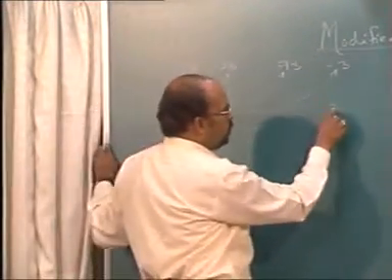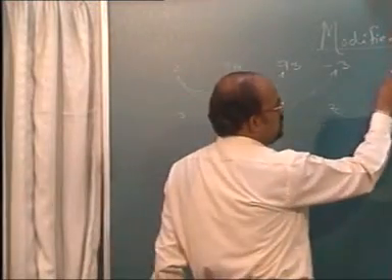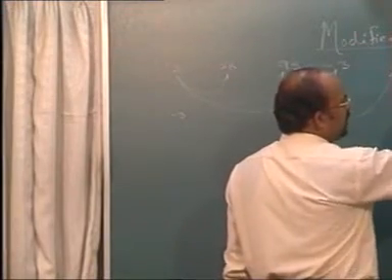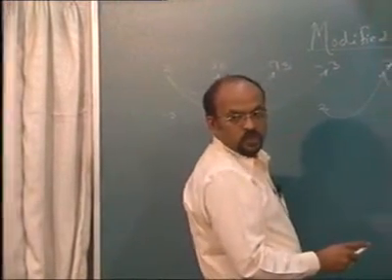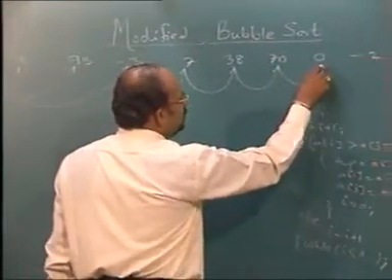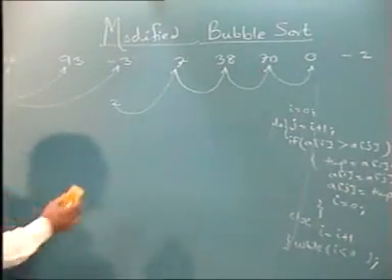Continue. 2 less than 7, true; 7 less than 38, true; 38 less than 70, true. It goes like that. 70 less than 0, no, I made a mistake.